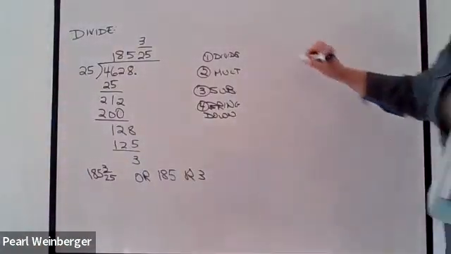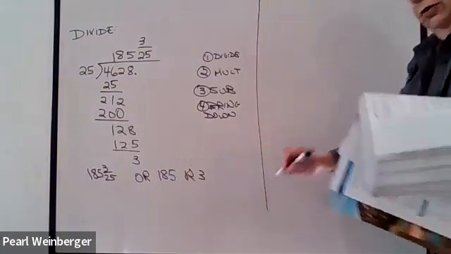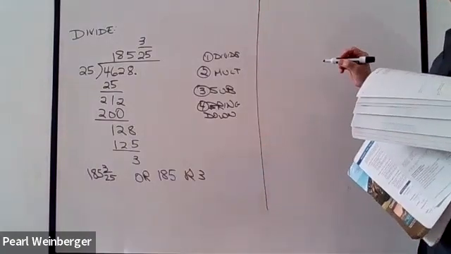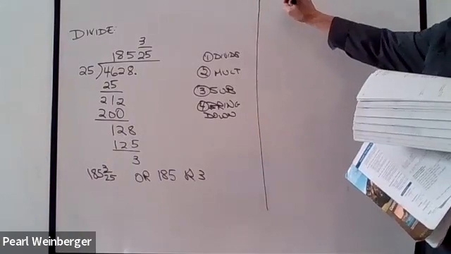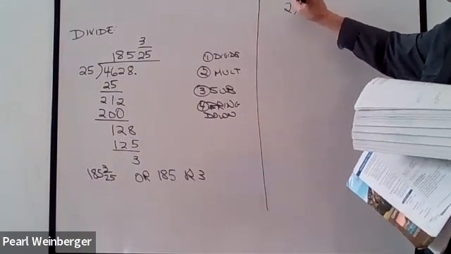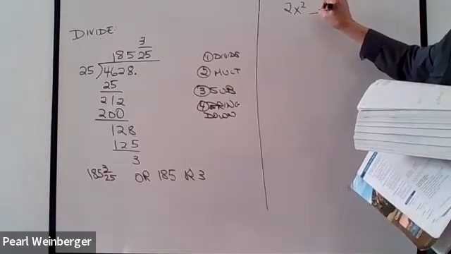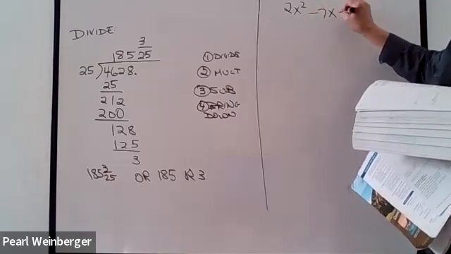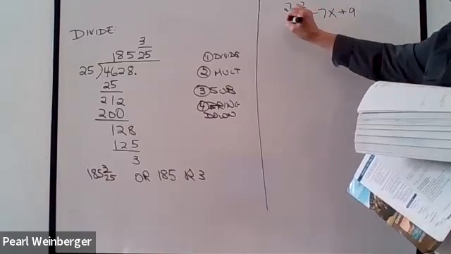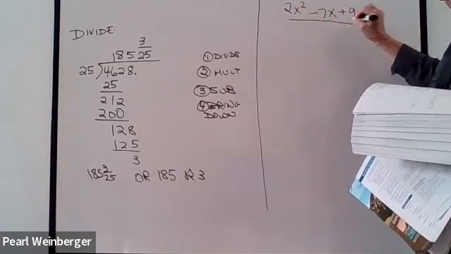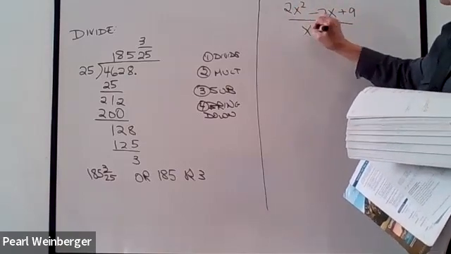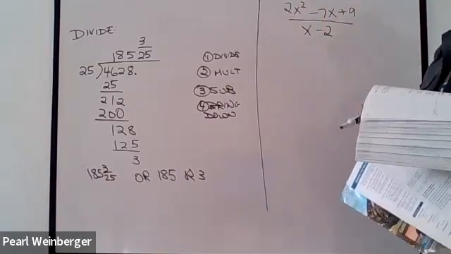So let's say I'm going to go over here. Here's what I want to divide. I want to divide 2x squared minus 7x plus 9 by x minus 2.